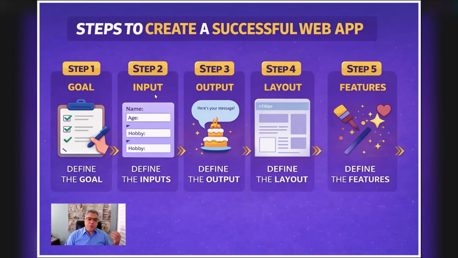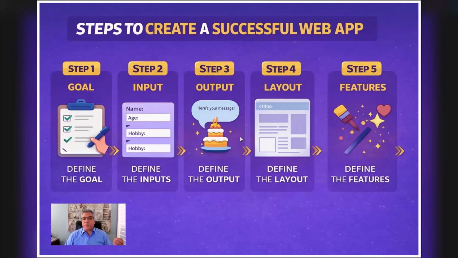So in the input, you can put the name, a hobby, the city, the state, a lot of information. You have to add them into the input, and this way, step number 2 will define the inputs.